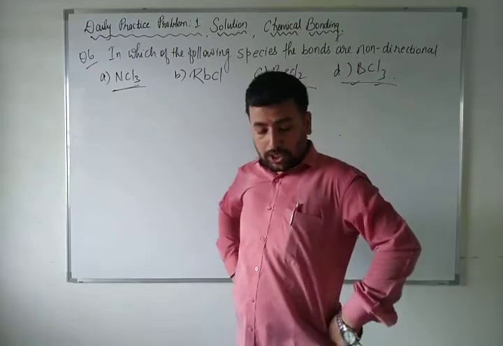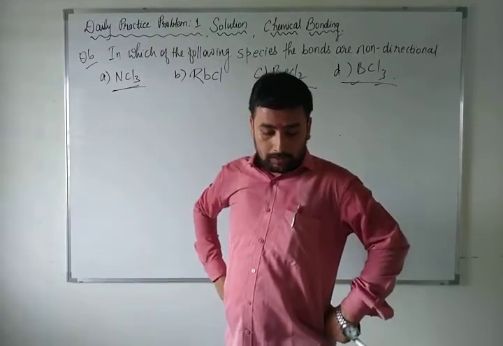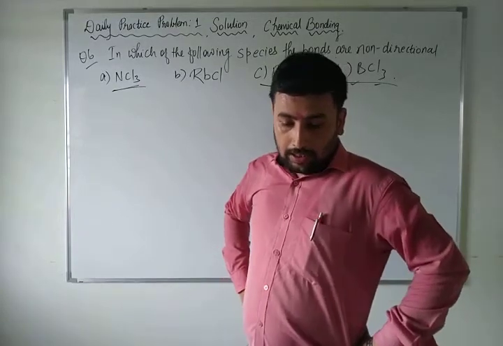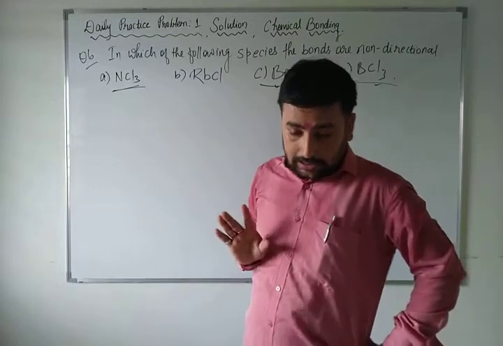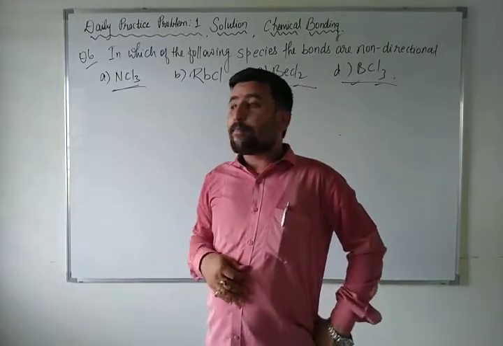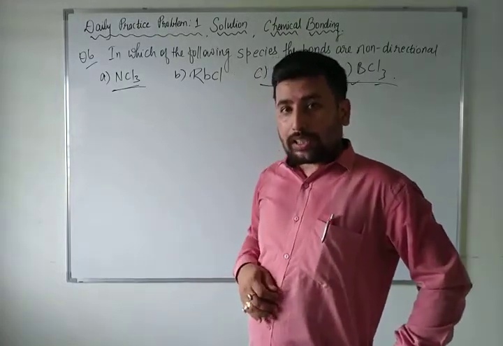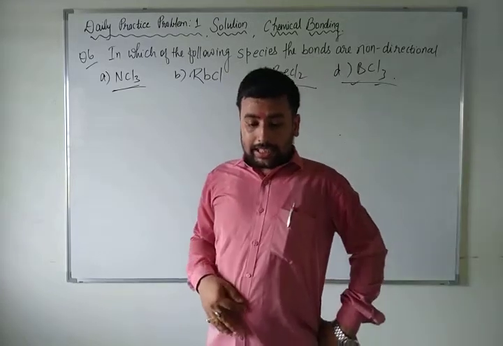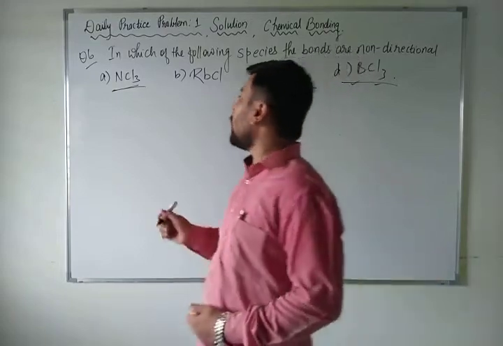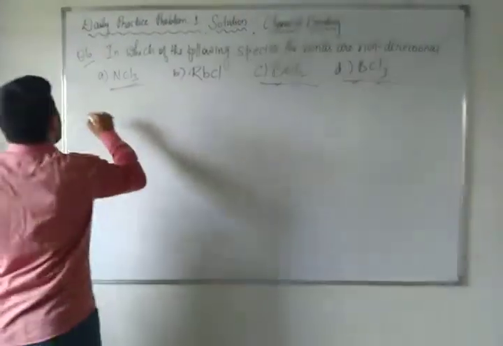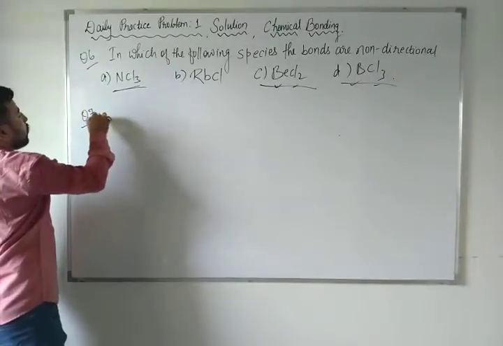Now the question is: which of the following compounds contains both ionic as well as covalent bonds? Means here ionic and covalent, both are given.